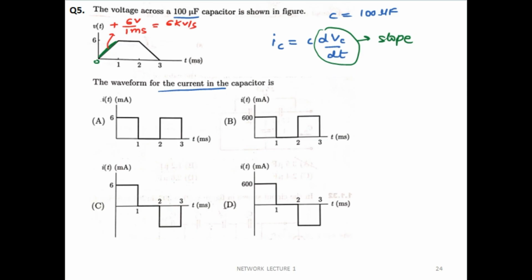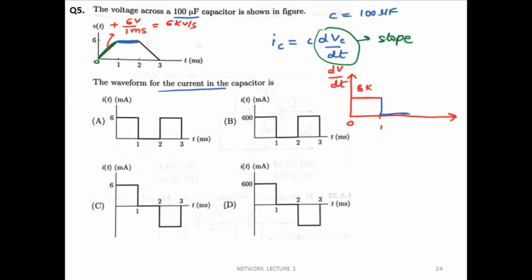Okay, so now if we plot this waveform, this is dv by dt. From 0 to 1 we are getting a constant slope which is 6 kilovolt, I'm writing 6k. Now from 1 to 2 it is constant, or parallel to x-axis, so its slope will be 0.